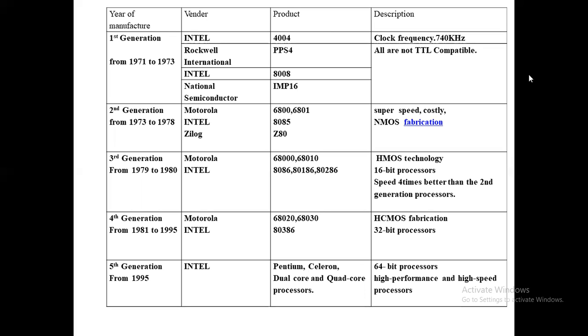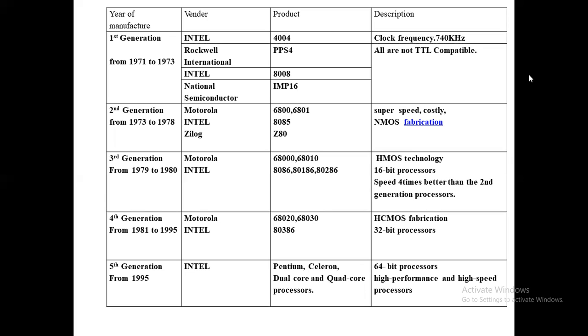Intel 80386 and Motorola 68020 and 68030 were popular processors. The fifth generation, which started from 1995 until now, has brought out high performance, high speed processors that make use of 64-bit architecture. Such processors include Pentium, Celeron, dual-core and quad-core processors. Thus, the microprocessor has evolved.